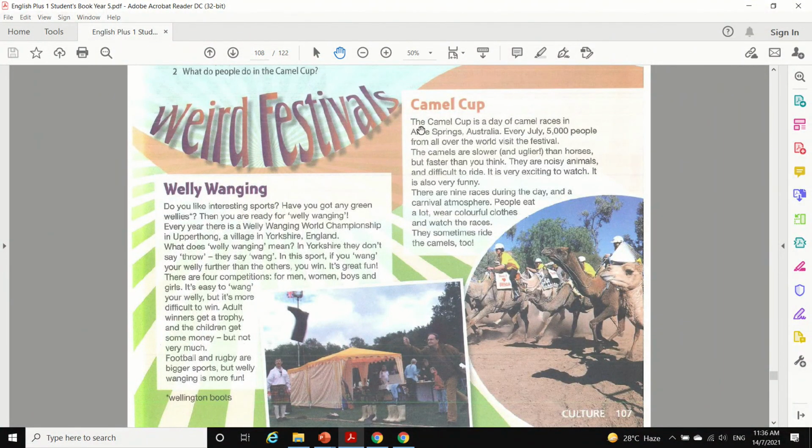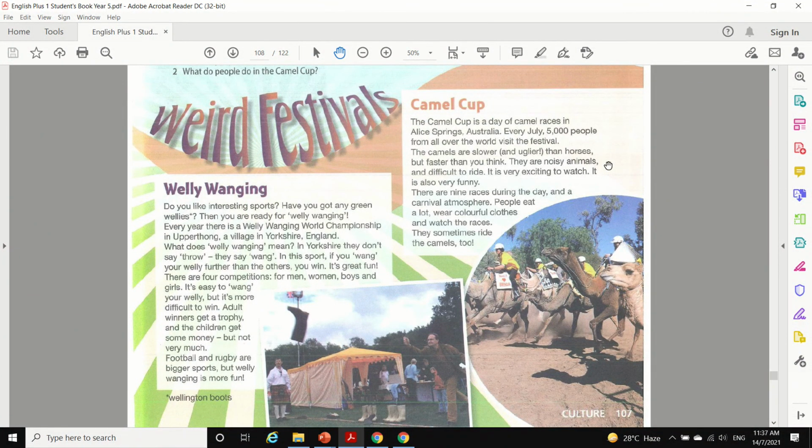So next is Camel Cup. The Camel Cup is a day of camel racing in Alice Springs, Australia. Every July, 5,000 people from all over the world visit the festival. The camels are slower and uglier than horses, but faster than you think.